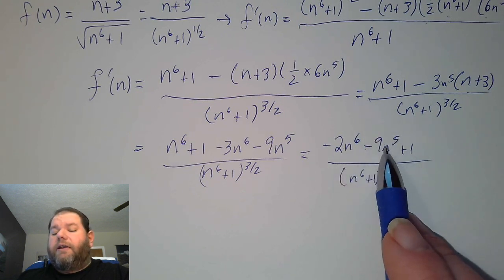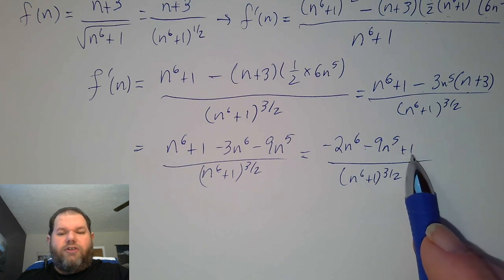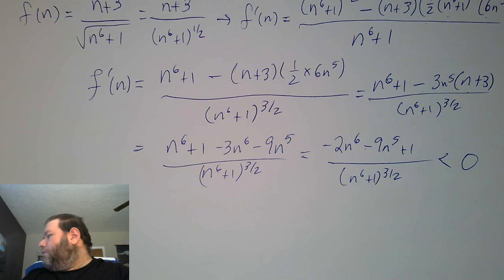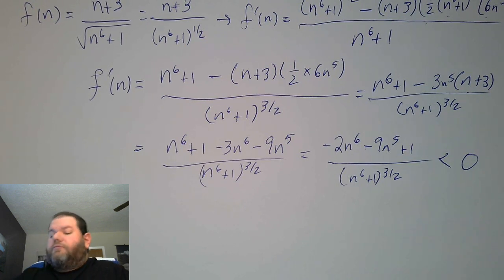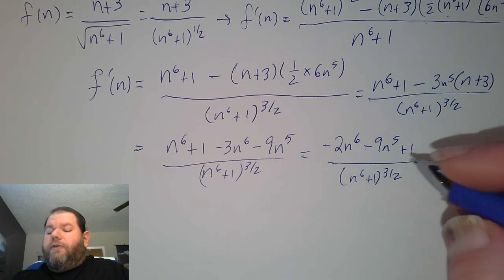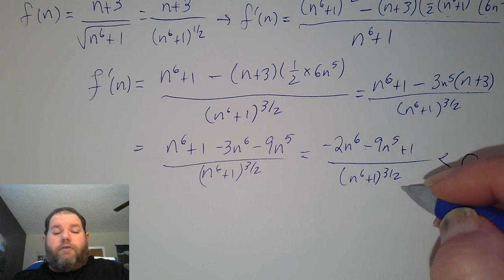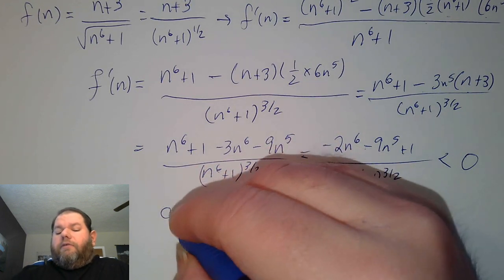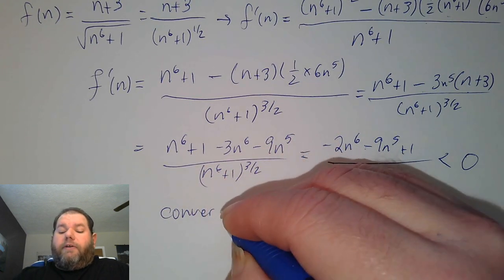So negative, negative, and the positive 1 doesn't really change much. I think we can confidently say that is less than 0. Essentially, it ends up being negative over a positive, which is negative. So it converges by the alternating series test.